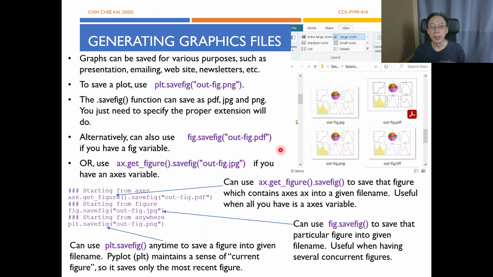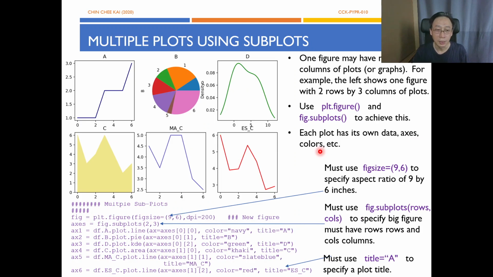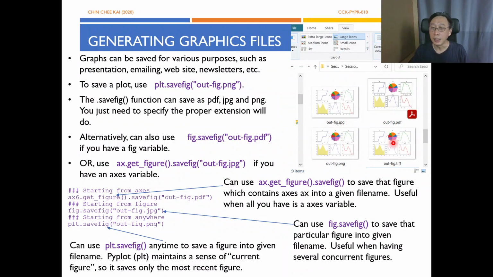All right. So for example, if you manage to only store the pie chart as ax, what you can do is ax, right, dot get figure dot save figure. So when you dot get figure bracket open close bracket, you are trying to say, hey, pie chart, or in this case, AX6, right? So AX6, what is our AX6? That's our ES underscore C, so the bottom rightmost. So AX6 here, hey, red line, can you, the axis, save your entire family here, whoever is along with you?